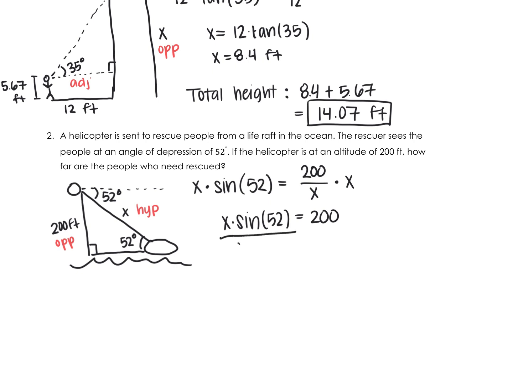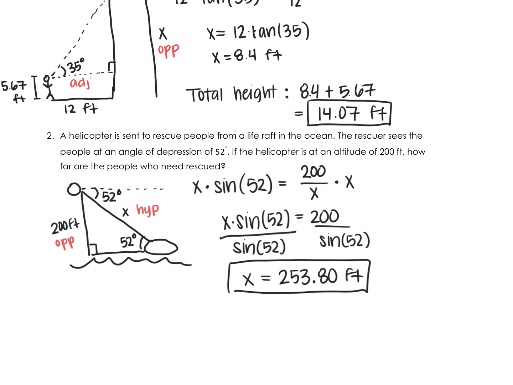And then to solve for x, we're going to divide by the sine of 52. So x equals, and then if we use our calculator, 253.80 feet. So that's how far away the people who need rescued are from the helicopter.